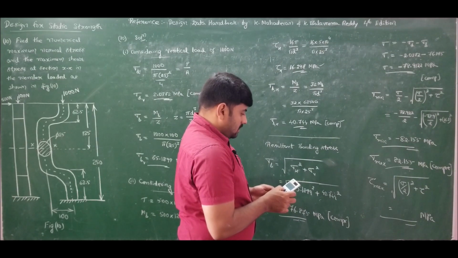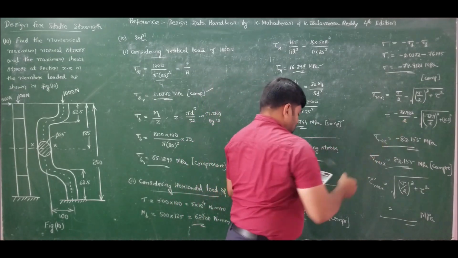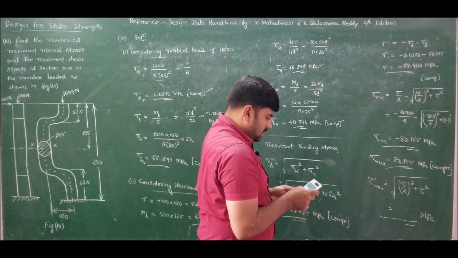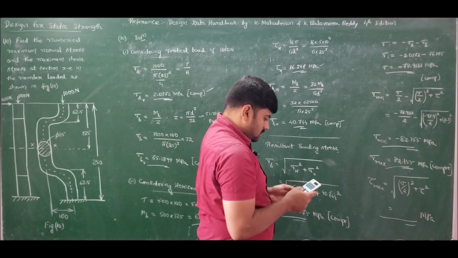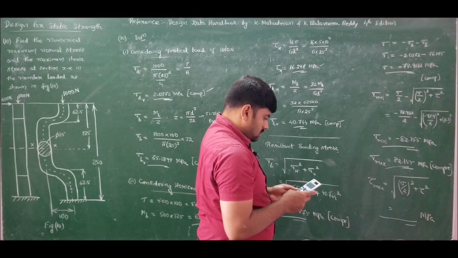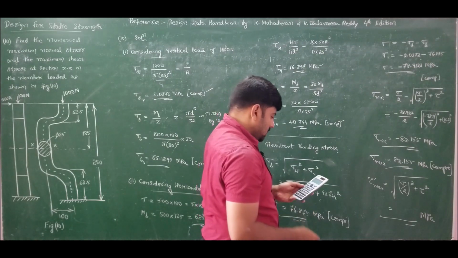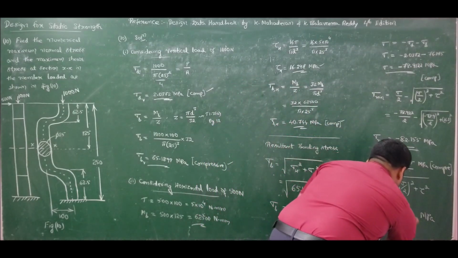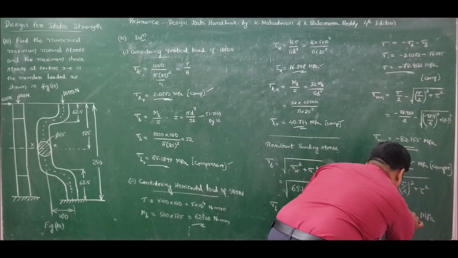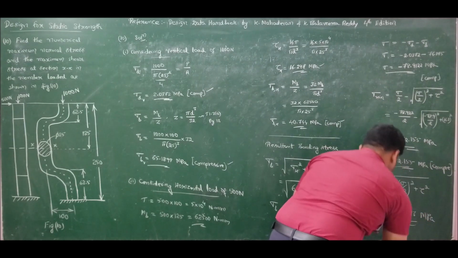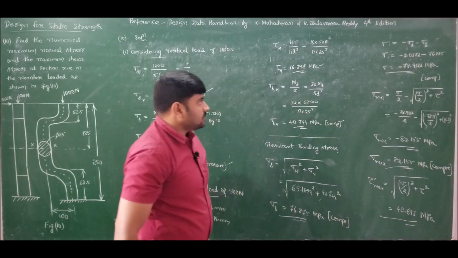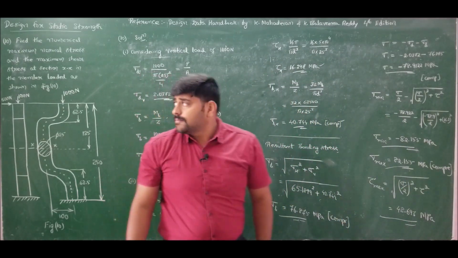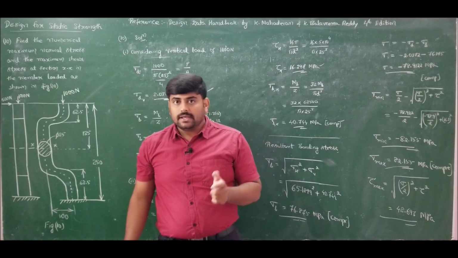So let me delete the first part and find out how much is the answer. Maximum shear stress turns out to be 42.693 megapascals. So this is the complete solution for problem number 10, which is a bit tricky.